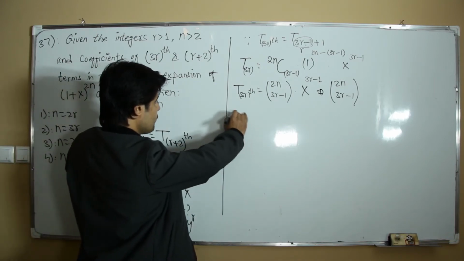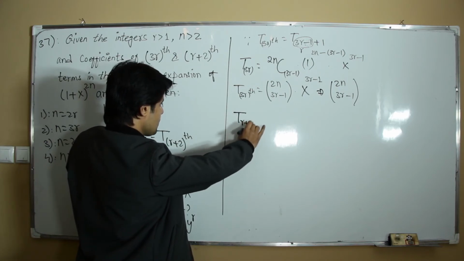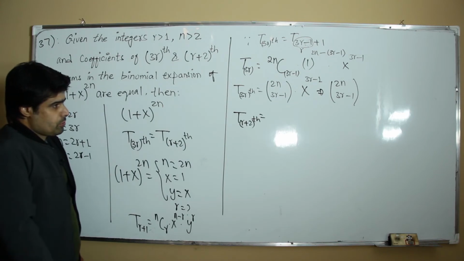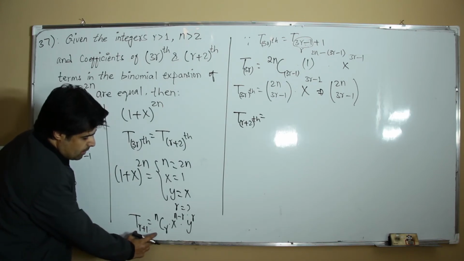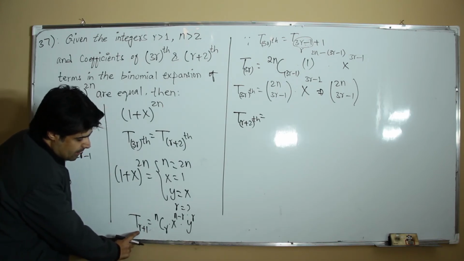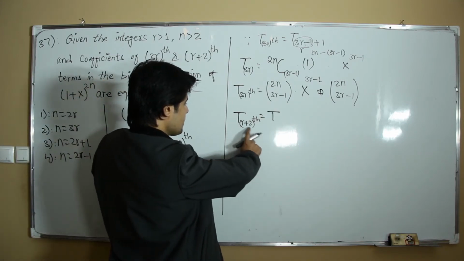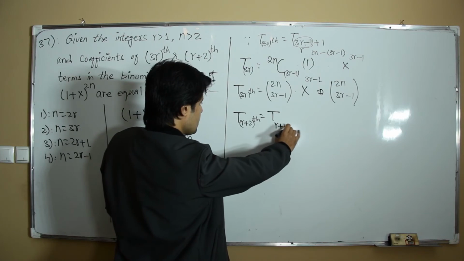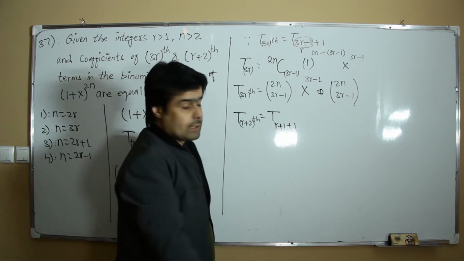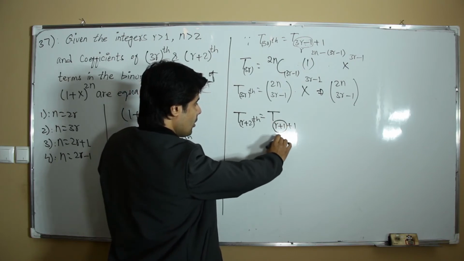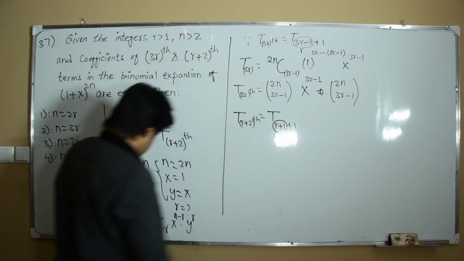Now if we want to talk about the t r plus 2 term, this one should be written like this one. It means we have something plus 1. So what is this something? Instead of r plus 2, can I write r plus 1 plus 1? Yes. Plus 1 plus 1, it's plus 2, r plus 2. This is our r plus 1.